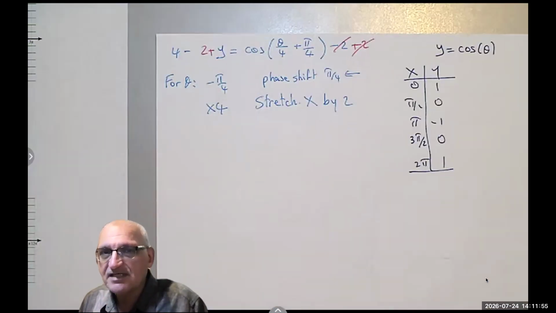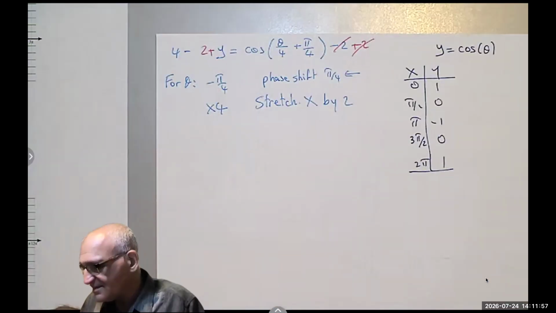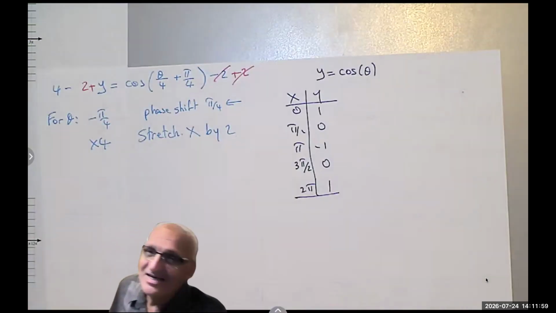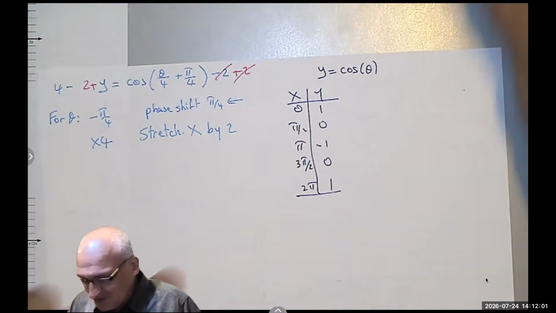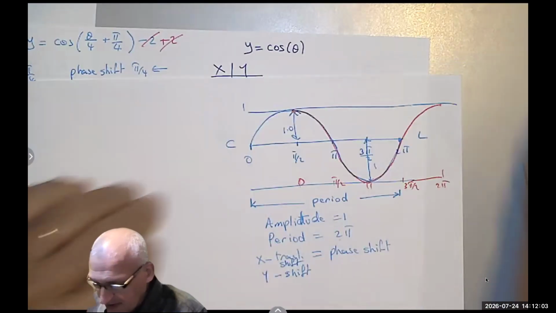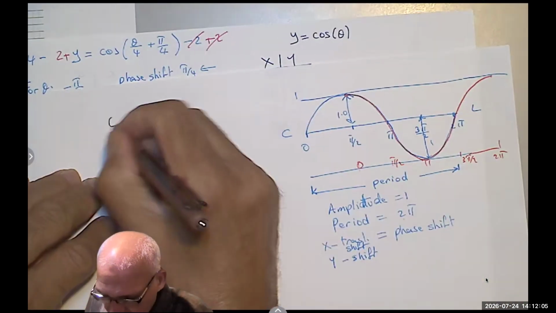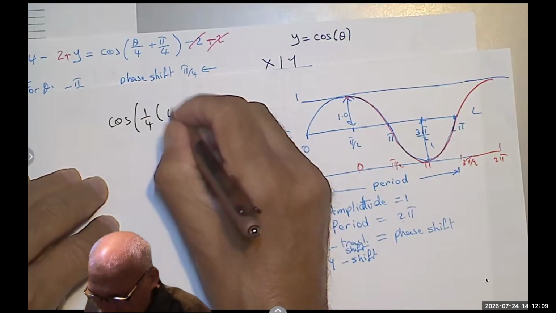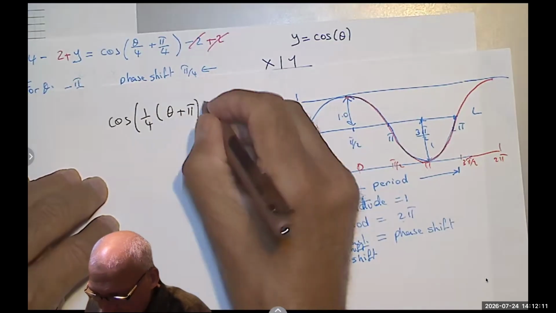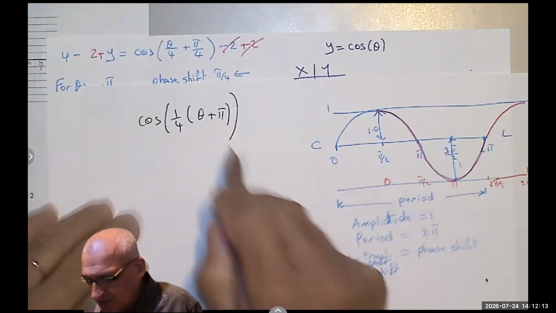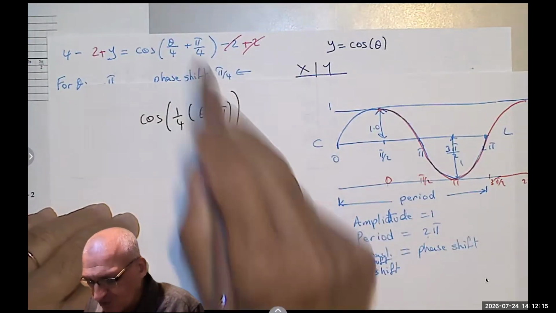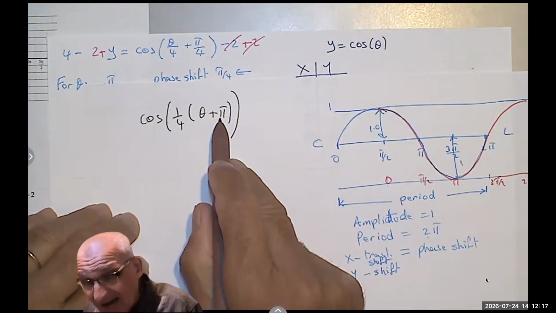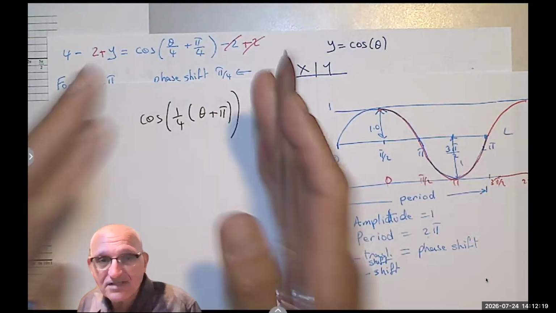I want to draw your attention to something else. Don't try that at school. But do you see this equation? I could have written it as cosine and then take 1/4 out and make that as theta plus pi and say, no, I'm not going to subtract pi over 4. I'm going to subtract pi and then multiply the rest by 4.